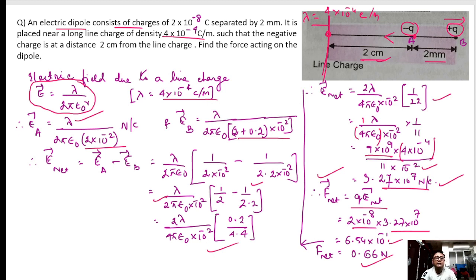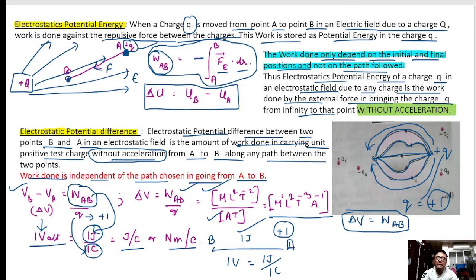So friends, with this we have completed all the numerical portions of the electric potential chapter. I have covered each and every portion of the potential chapter, including the theory, the concepts and the numericals, and I hope that if you follow them slowly along with me, then you will understand.